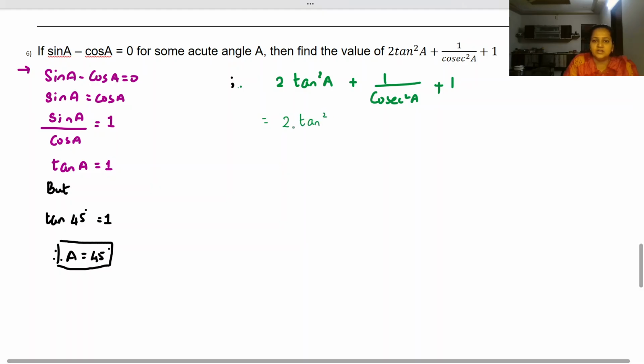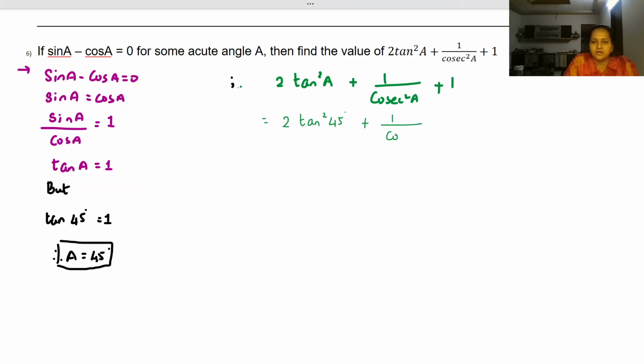So this is going to be 2 tan square 45 plus 1 upon cosec square 45 plus 1. Am I right? Now tan 45 is 1, so tan square 45 is 1 square. Cosec 45 is root 2, so this is going to be root 2 the whole square plus 1.